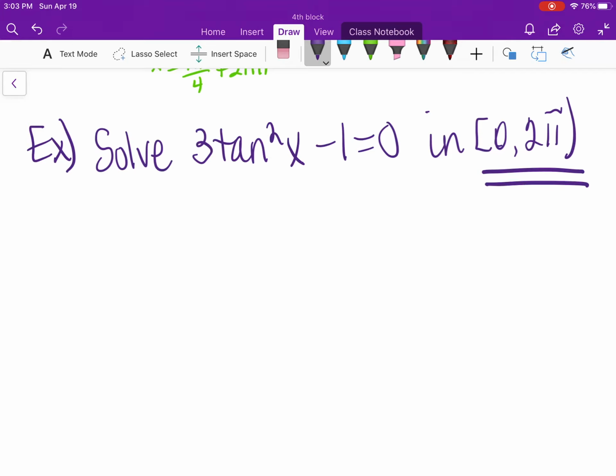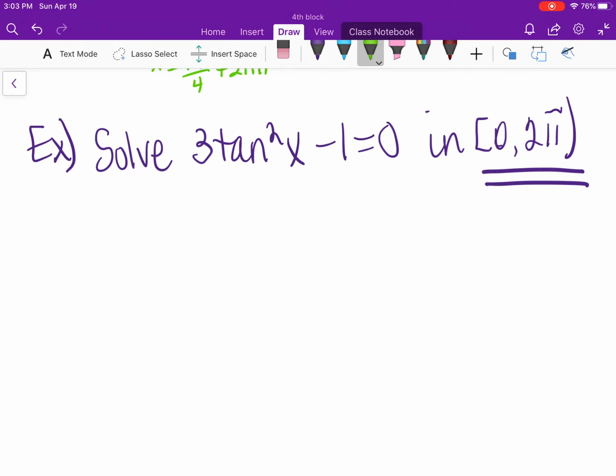And for your MyMathLab assignment, I tried to pick, I'm thinking, all in that 0 to 2 pi range. I did want you to see that plus 2 n pi though, just in case you ever encounter it, but I tried to keep it simple and leave it all in that range. So if that were to say 0 to 360, that's when you know you would want it in degree form instead of radian form. Okay.